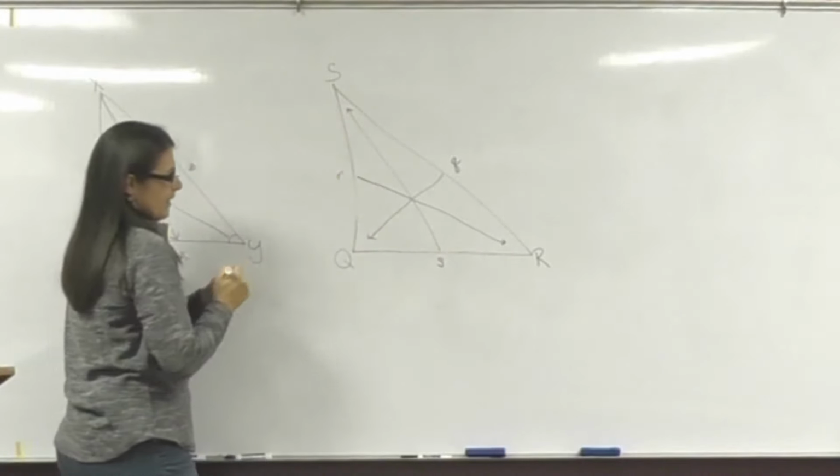Okay, because this angle is made up of side S and side R. So it is the other side that has nothing to do with that angle. It's the one opposite that angle. Any questions? Oh, that's all we're going to go over today.